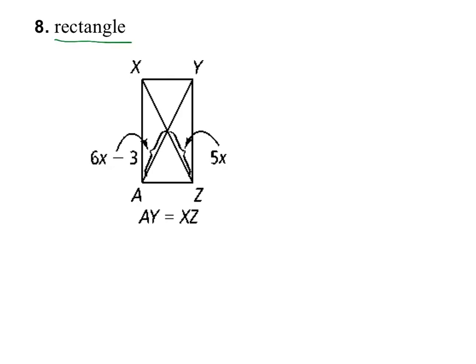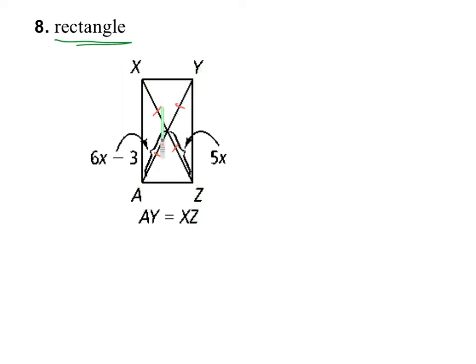My next one again is a rectangle, right? So every piece of those diagonals is congruent. Why? Because it is a rectangle. That means that AY is congruent to XZ, right? You have it right here. So that means that XZ divides AY in half, and the same the other way around, AY divides XZ in half.